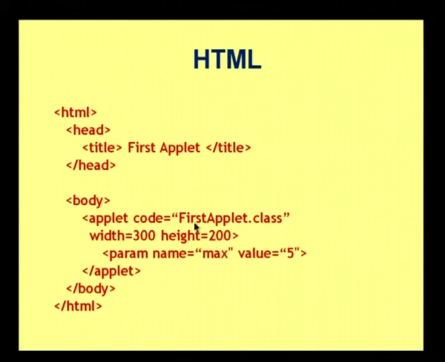Inside this applet tag I can specify the Java program, that is your class file where your applet is available. This we have already seen. We also have an option called the param tag. This param tag has a name-value pair: I have the name and then I have the value of a particular parameter. During runtime you can pass a parameter to an applet, which could be used inside your initialization or whenever you do some work in the applet.